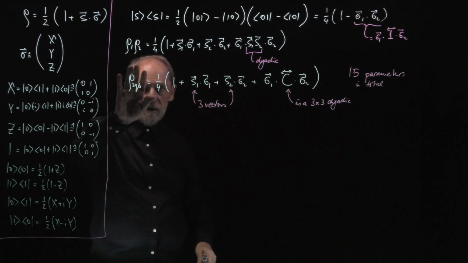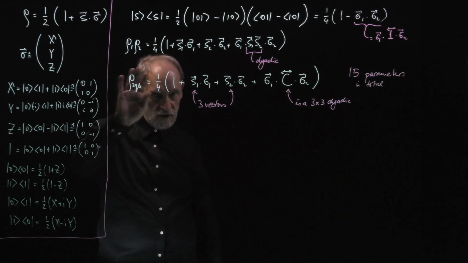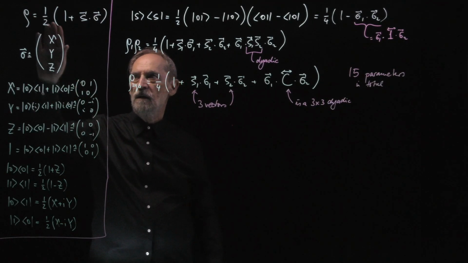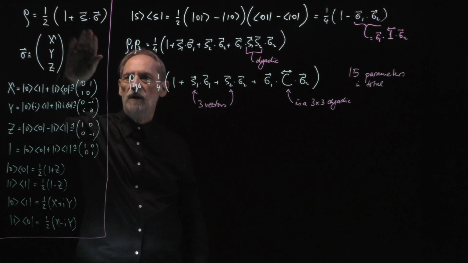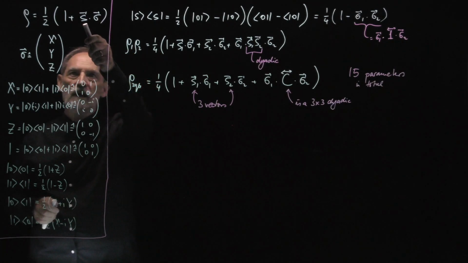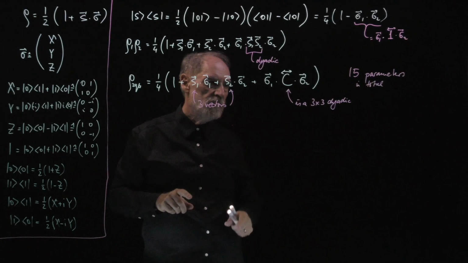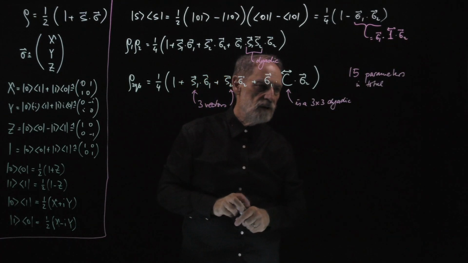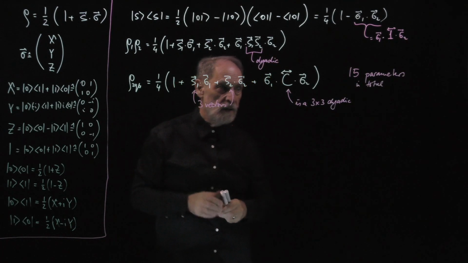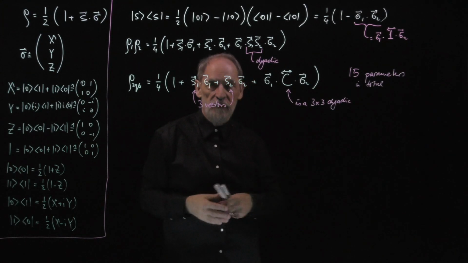So the two qubit states are substantially more complicated than the single qubit states, where we only have 3 parameters for the S vector. Here we have two S vectors, 3 parameters each, and we have this cross dyadic which has 3 times 3 parameters. So in total we have 15.